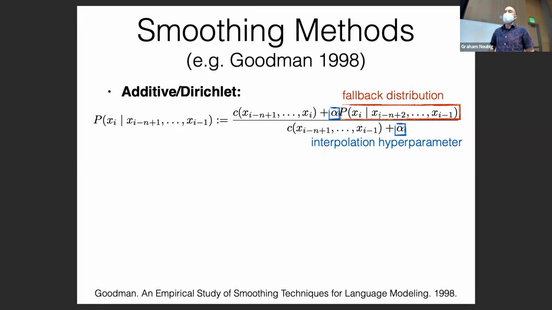So for example, if we have a context that's only appeared 1 time, like let's say we only had 1 example of a context, and let's say our alpha was 1, we would allocate 1/2 of the probability for the actual word that we saw in that context, and 1/2 of the probability to the fallback distribution, to the distribution that conditioned on less context.